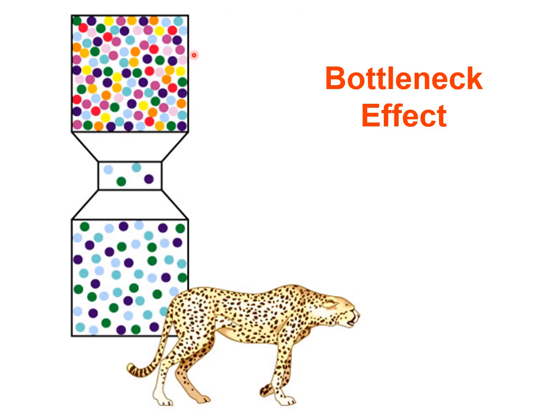So here we have our larger population. We have lots of different alleles. But then there was a bottleneck effect in cheetahs where a lot of them died off because of environmental changes, and just a few of them survived, and so they didn't have all the alleles of the original population.